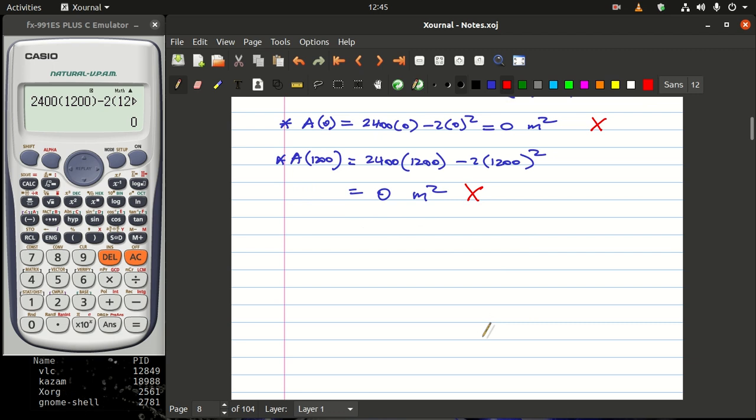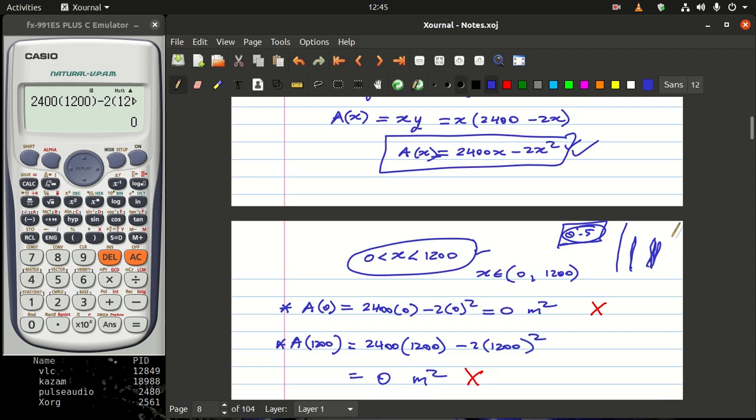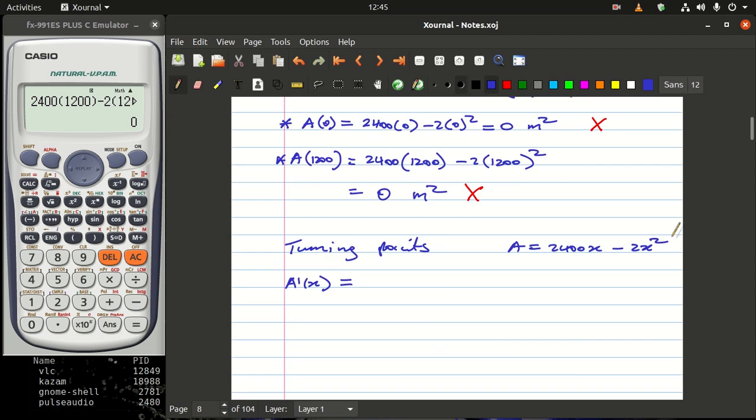So now we want to check the turning points. Here I want to find the first derivative of the area. Remember that the area was 2400x minus 2x squared.